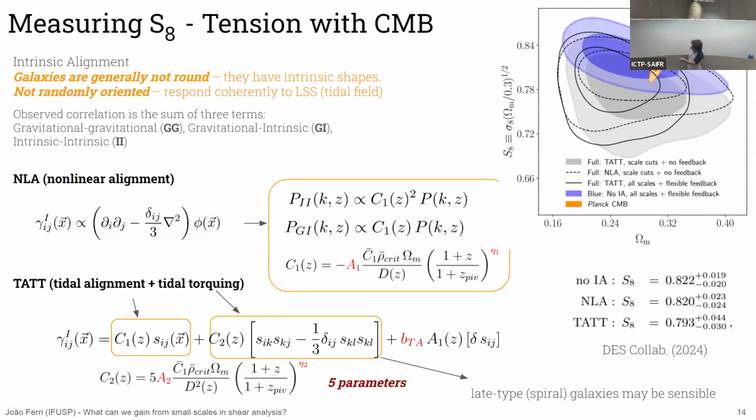And basically they reanalyzed the Y3 data with only blue galaxies. And even if they use TATT, the value is a little bit higher than their official result, let's say. So it's more compatible with the S8 from Planck. And if they only use NLA, which should be more than enough to model these blue galaxies, then your value for S8 is really on top of Planck's value.